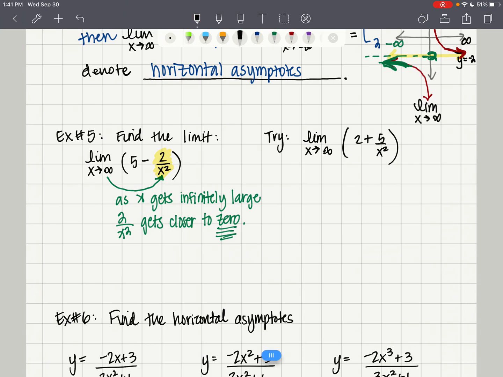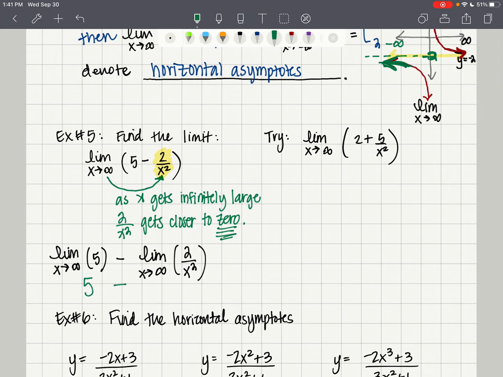Now, remember, we talked about limits and breaking them up into two independent limits. The limit as x approaches infinity of 5 minus the limit as x approaches infinity of 2 over x squared. Well, the limit of a constant is the constant.